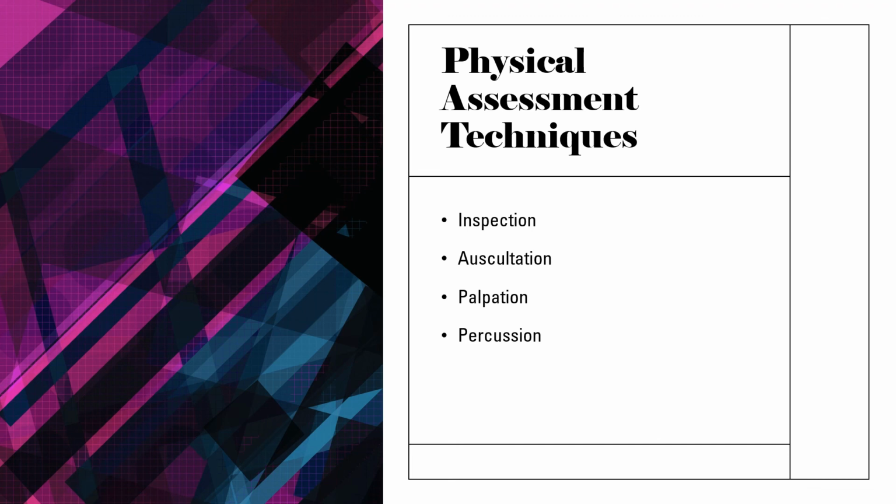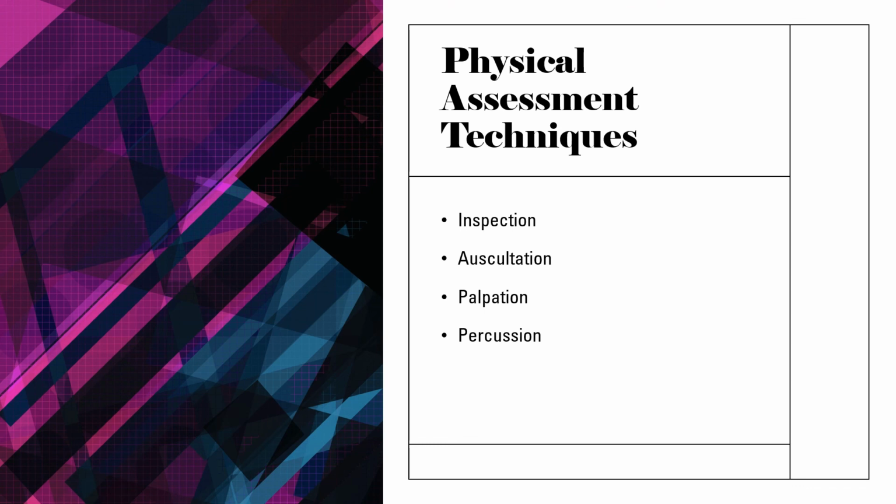Now the book has these in a different order than I have them. I put them in this order because I feel as though after you inspect, you should listen before you palpate. In the book, it'll tell you palpation may be used concurrently with inspection, and it just depends on what you're inspecting.